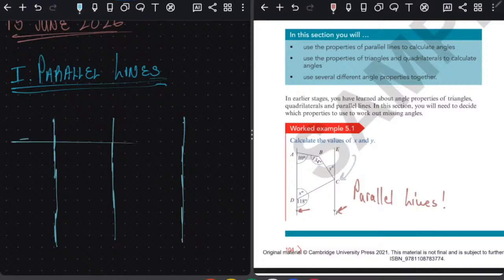Are you seeing? Number 1 is alternate angles. Number 2 is corresponding angles.